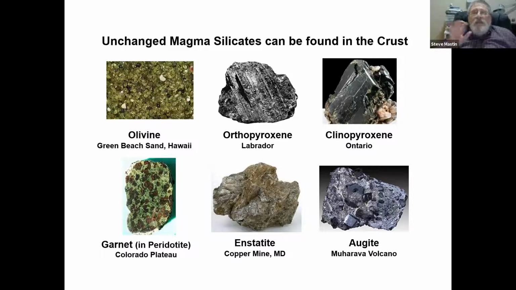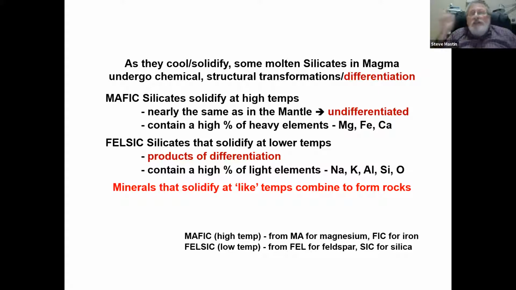And we're talking about on the surface for the most part, like the beach sand, or just sitting around in a big cliff in the Colorado Plateau. But most of the time, the magma silicates, as they solidify, undergo structural and chemical transformations. And that process is called differentiation.